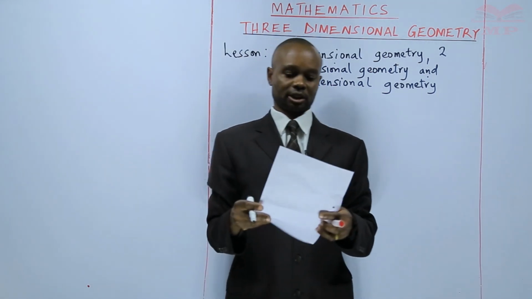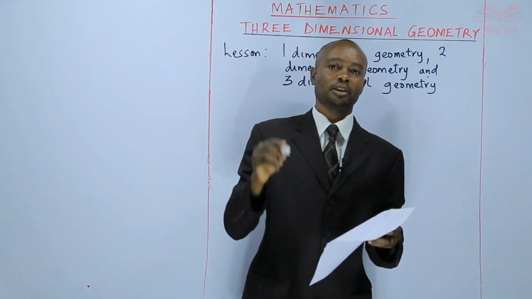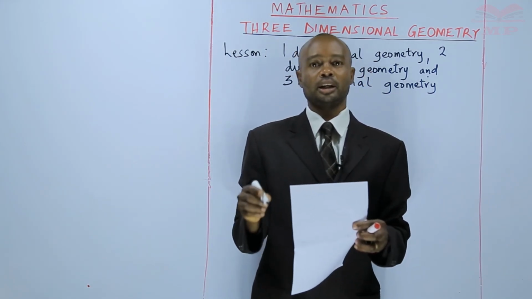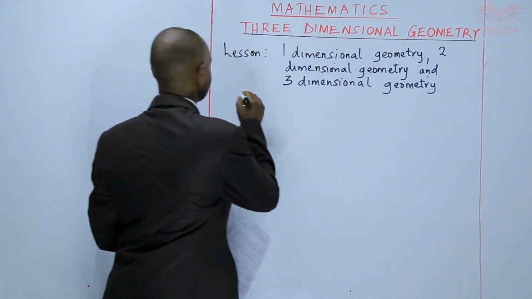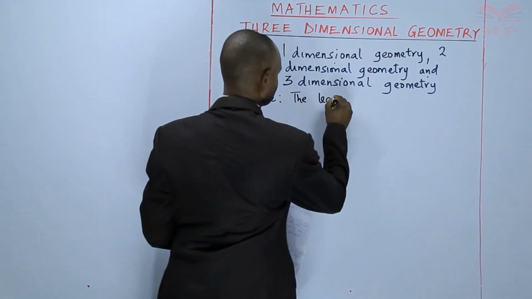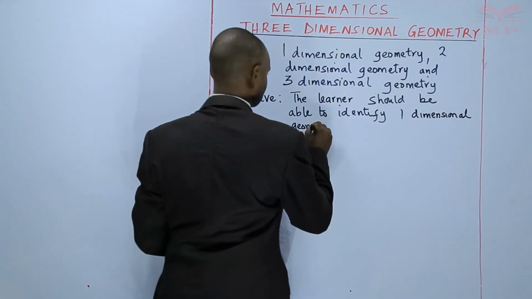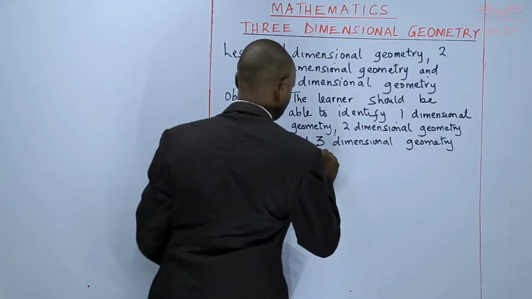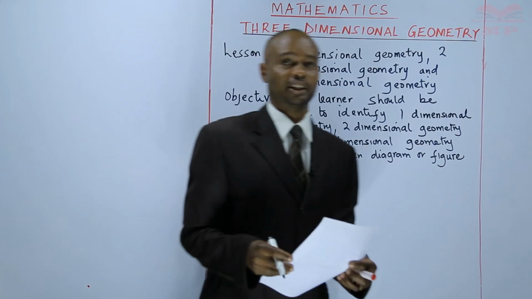What could be the objective? The learner should be able to identify one-dimensional geometry, two-dimensional geometry, and three-dimensional geometry in any given figure.